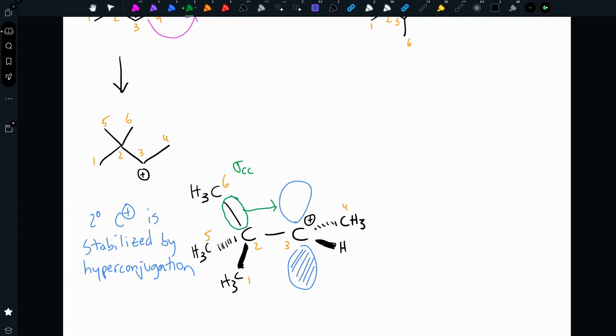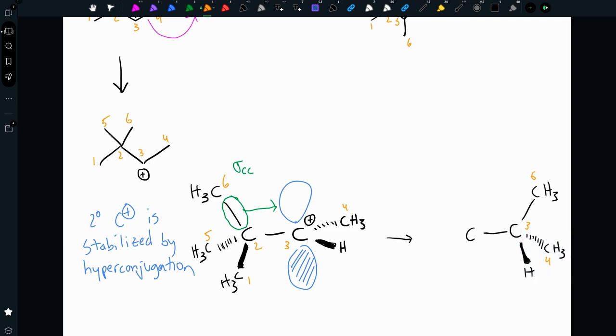What if that hyperconjugation gets taken to the extreme? And instead of just donating a little bit of electron density, the electrons actually slide over and bond to carbon 3 instead. How would that change my picture? So if I took hyperconjugation to the extreme, now carbon 3 is going to become a tertiary carbon. Carbon 3 will now have carbon 6 bonded to it, still be bonded to 4.